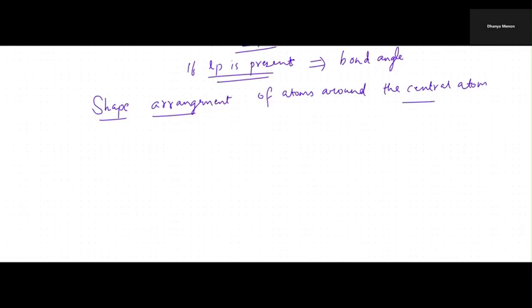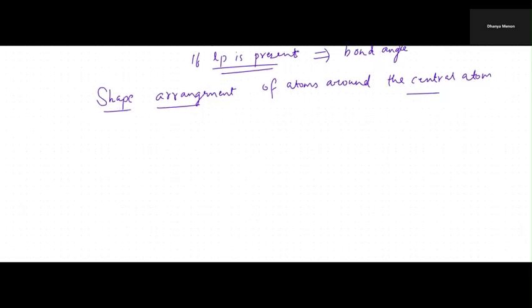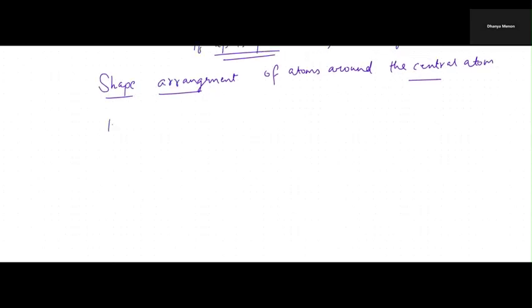Okay, so in ammonia, now we are talking about the shape. There are 3 bond pairs and 1 lone pair. So we are ignoring the lone pair when we talk about the shape. Shape does not depend upon the lone pair.